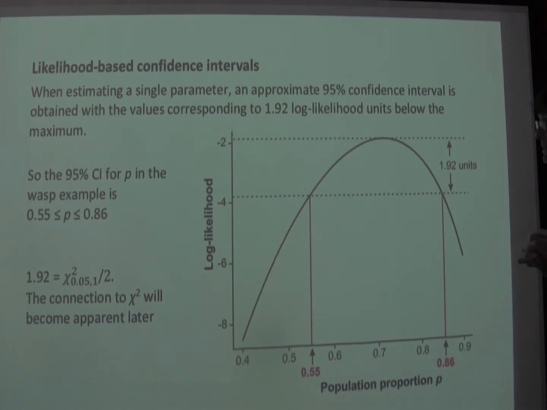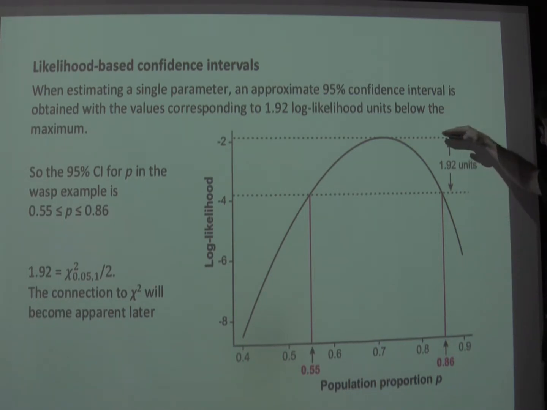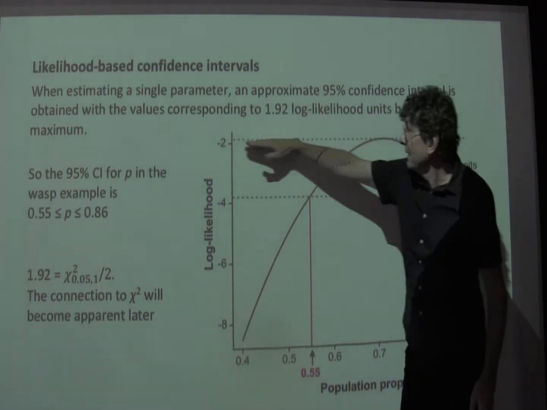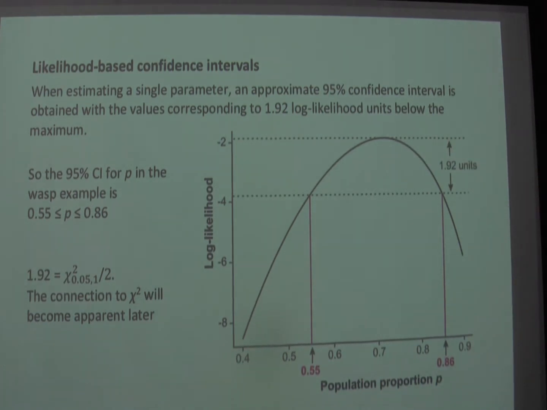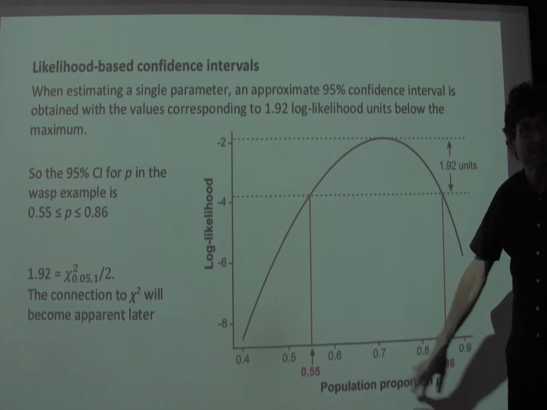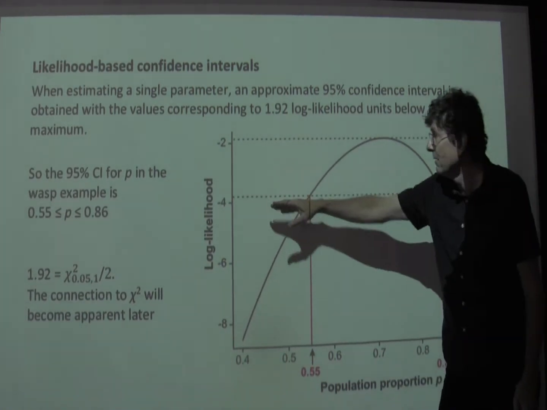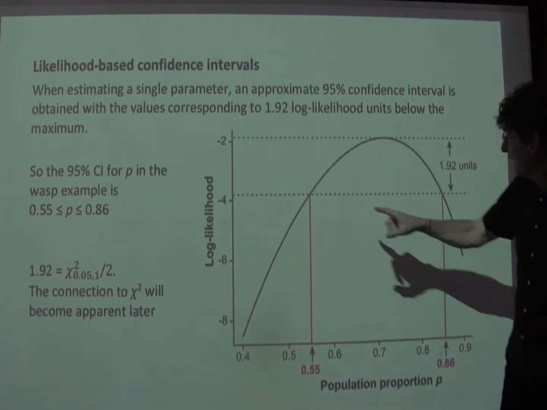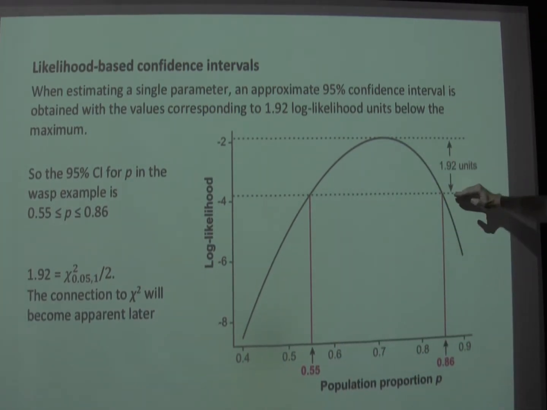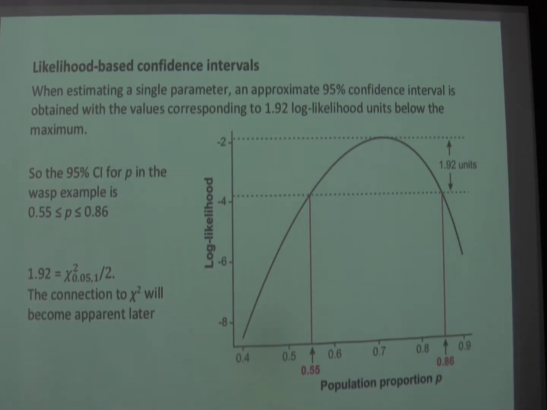When you're estimating just one parameter from data, in this case the population proportion, take the log likelihood that corresponds to the maximum likelihood estimate, subtract 1.92, draw another line across, and then drop a line down where this line intersects the likelihood curve, and we have our approximate likelihood-based 95% confidence interval of the population proportion.